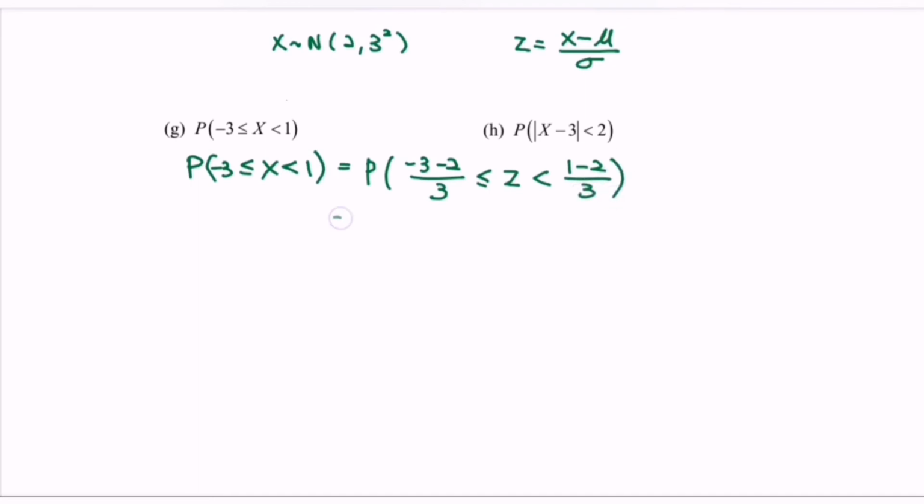Simplify the situation. So the probability that z is less than or equal to -5 over 3, which is -1.67, and less than -1 over 3, which is -0.33.